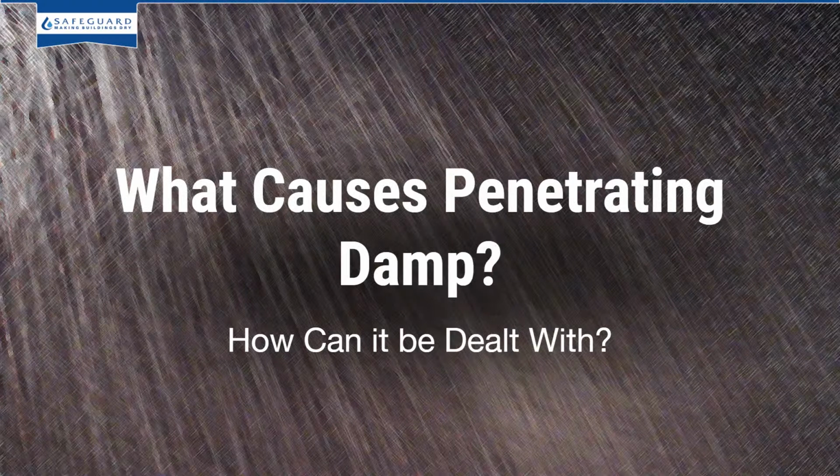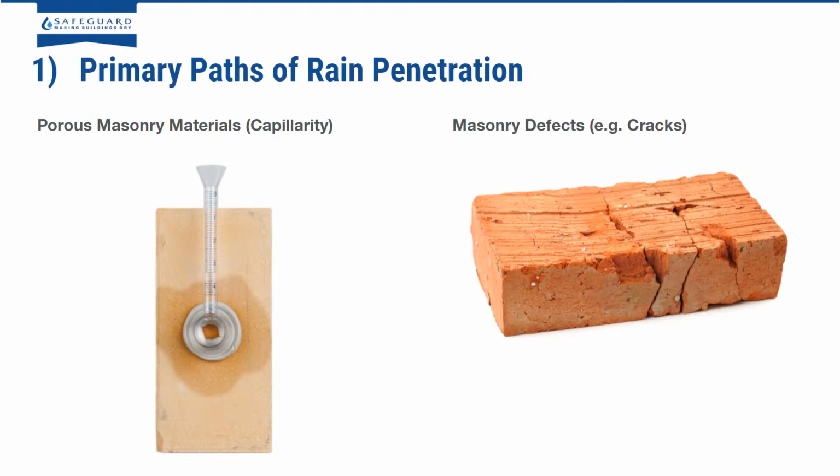So that's the symptoms. Now we're going to look at the actual causes of penetrating damp, and then at how they can be dealt with. There are two main routes. One is the primary paths of rain penetration. One is porous masonry material, so capillarity.